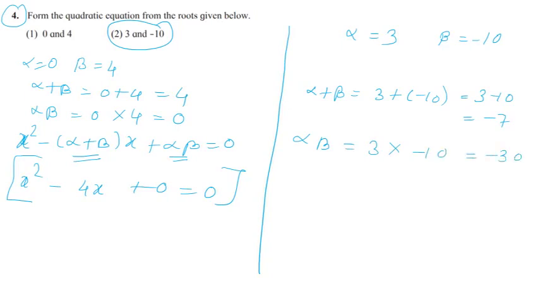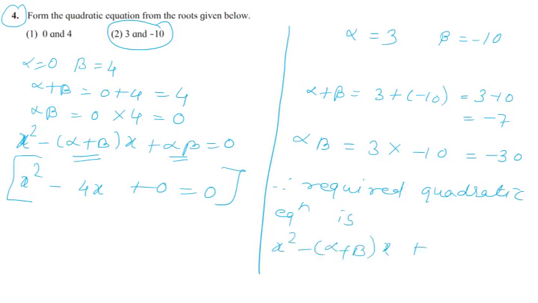And therefore, required quadratic equation is x square minus (alpha plus beta) x plus alpha into beta equal to 0. Therefore, x square minus alpha plus beta, how much?